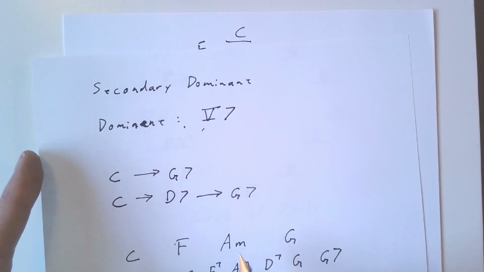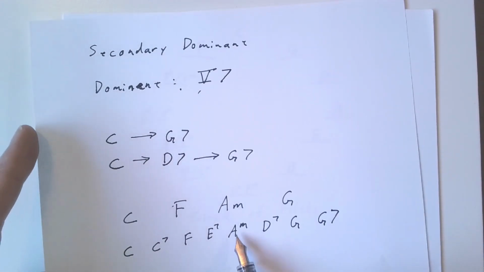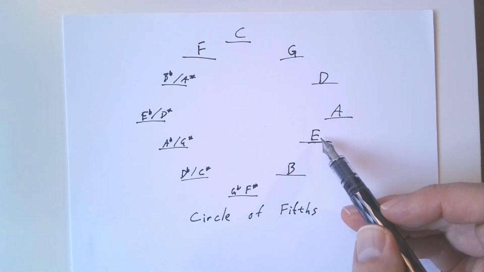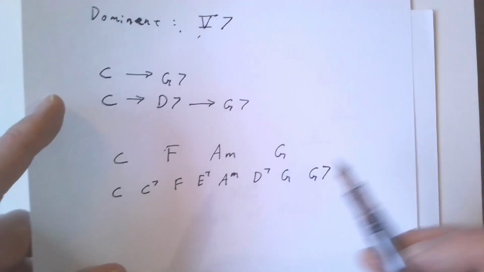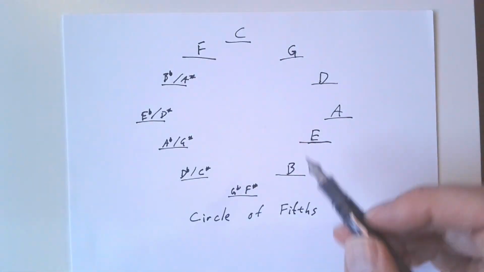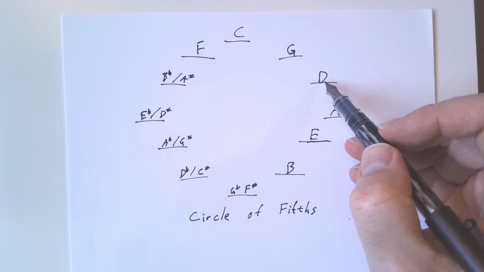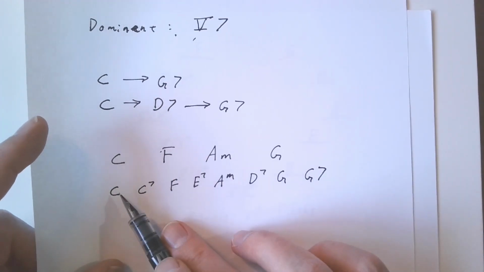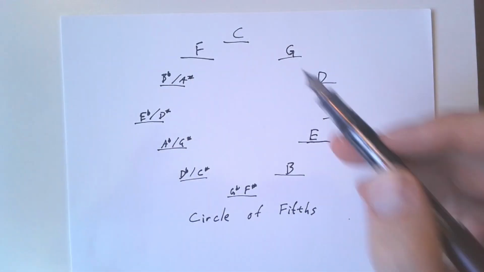Going from F to A minor, we stuck in the dominant of A minor. So we went from A, and we said the 5th is going to be E7. G's dominant is going to be D7.